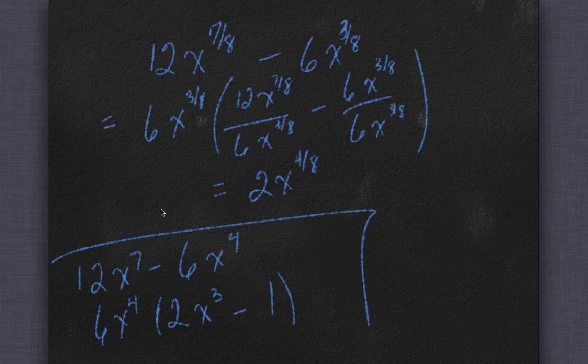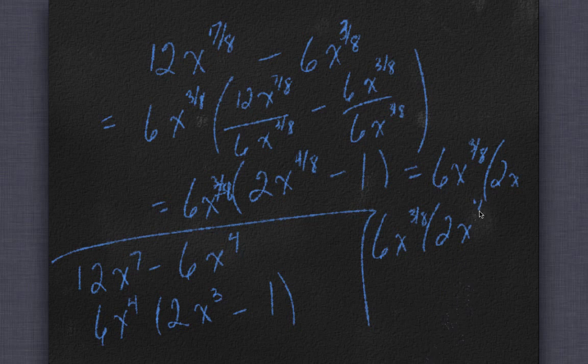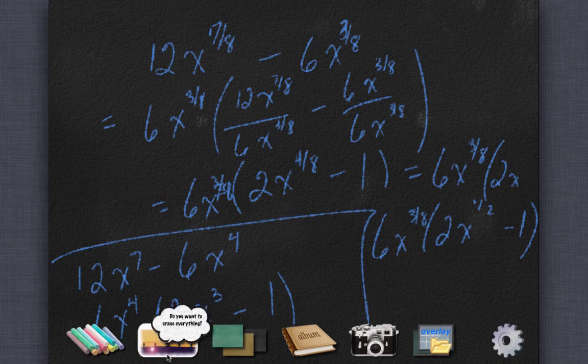I should have written this down. And then this, just like here, this is 1. So I would put 6x to the 3/8 times 2x to the 1/2 minus 1. 4/8 reduces to 1/2, so I'm just reducing it, okay?